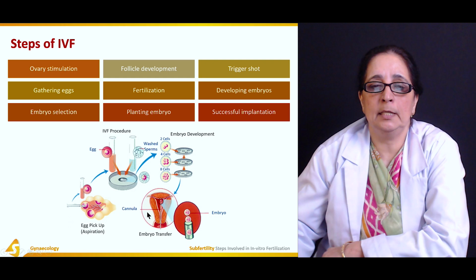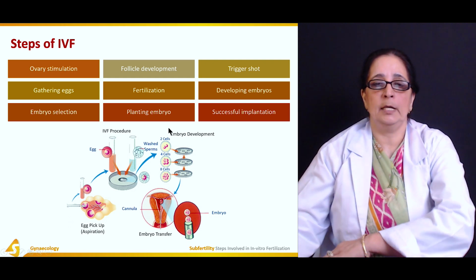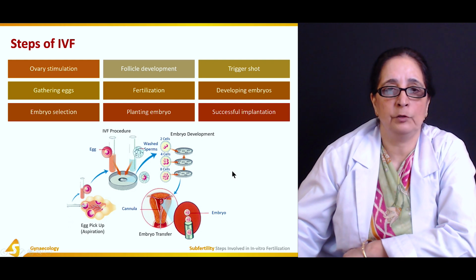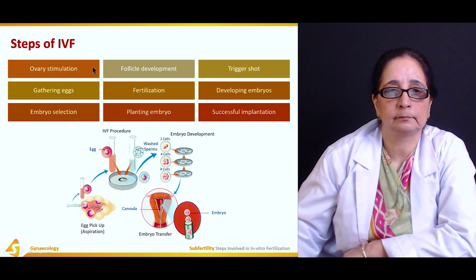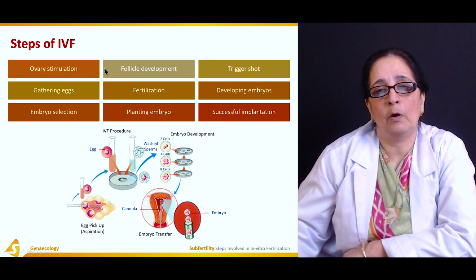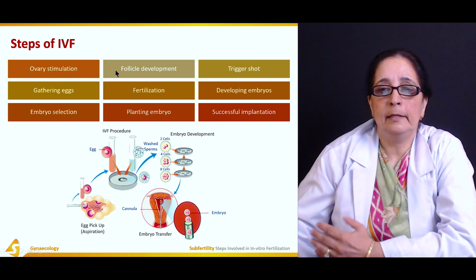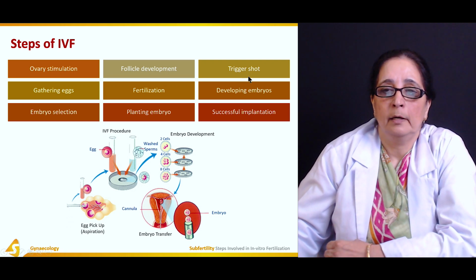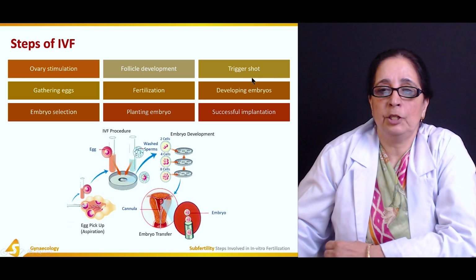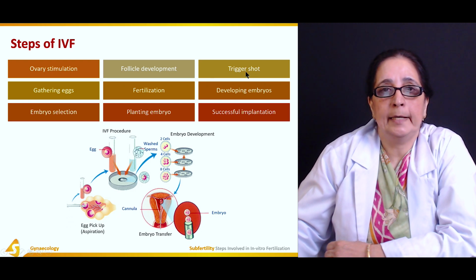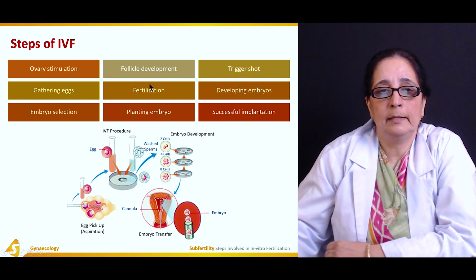So all these are the basic steps of in vitro fertilization, IVF. First ovary stimulation. After the ovary is stimulated, the follicle develops. Then there is a trigger shot of FSH, LH, after which ovulation takes place.